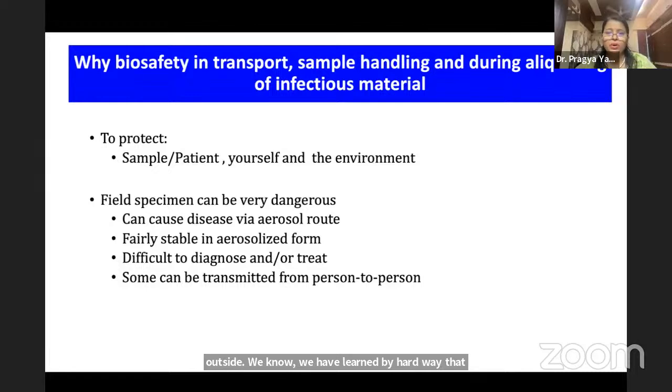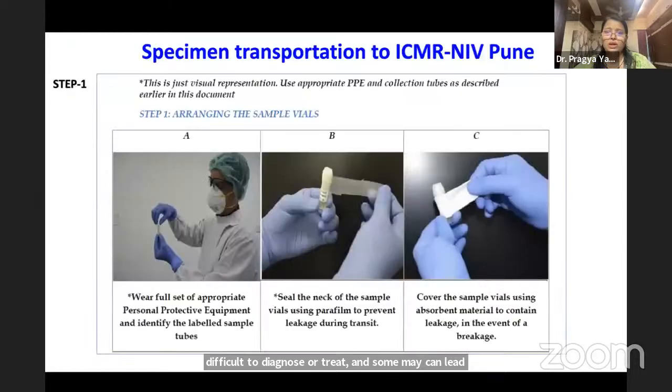It could be monkeypox, it could be any new pathogen, or it could be anything. So we have to be cautious, and they can cause disease by aerosol route. They can be stable in aerosolized form, and they can be difficult to diagnose or treat. And some can lead to person to person transmission. So to avoid these mishaps, we have to take precautions at each step.